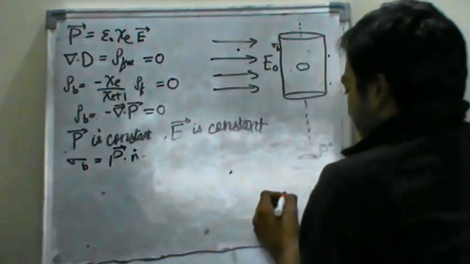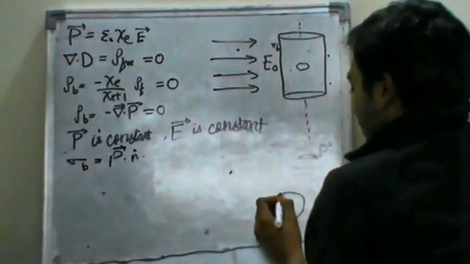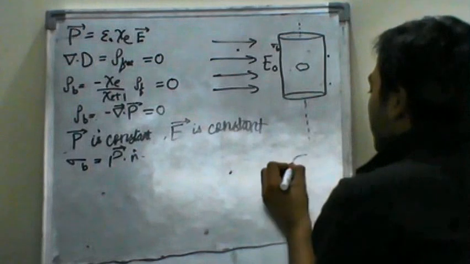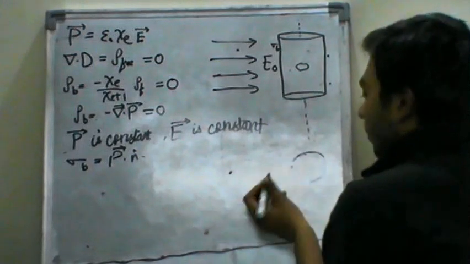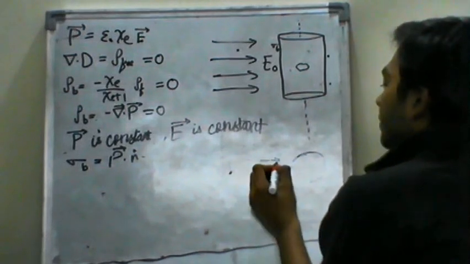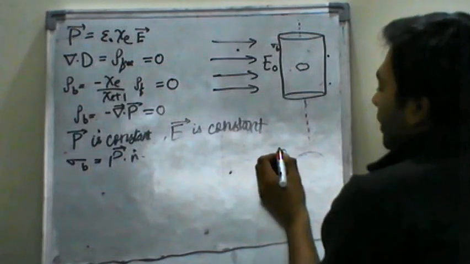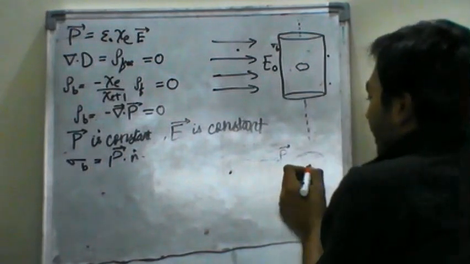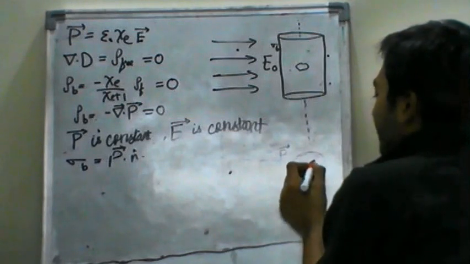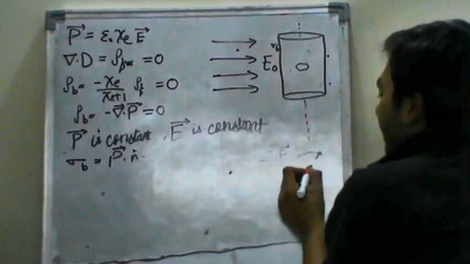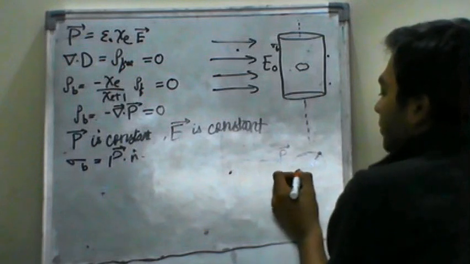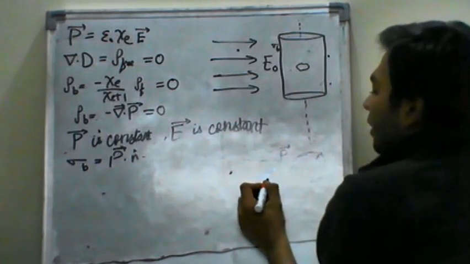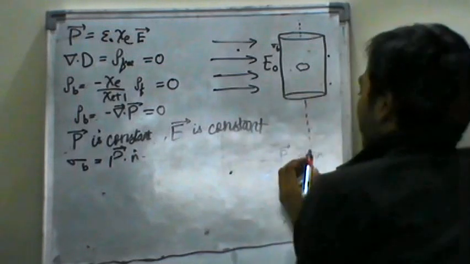So if I consider this cross section, this is my cross section top view, and this is the direction of P. At any point, let us say I consider this point at an angle theta from the line corresponding to the external electric field, E naught initial.